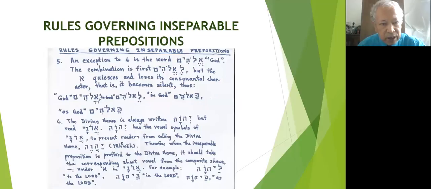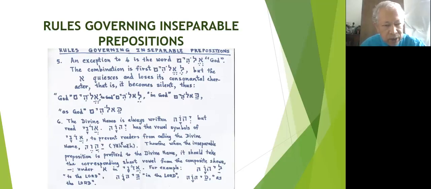And we looked at another exception to number 4, the use of the word God: when the aleph in Elohim becomes silent and the composite shewa drops out, we have to lengthen the segol under the inseparable preposition to its corresponding long vowel, tsere.